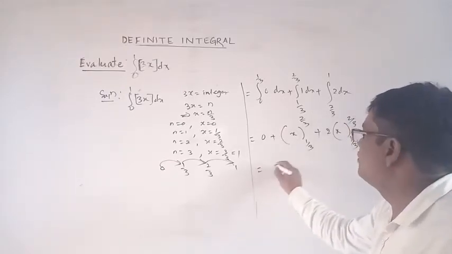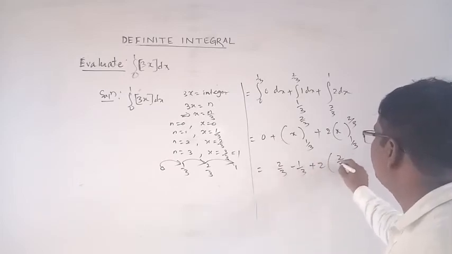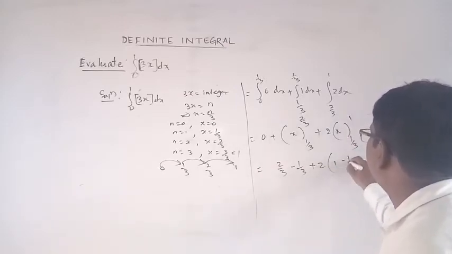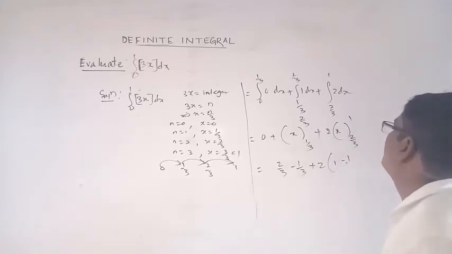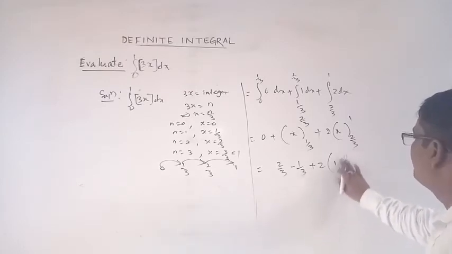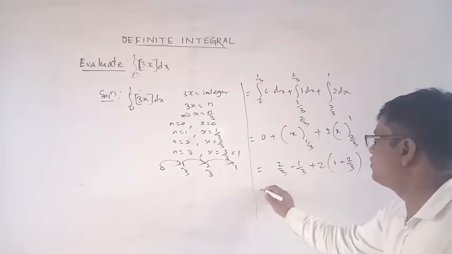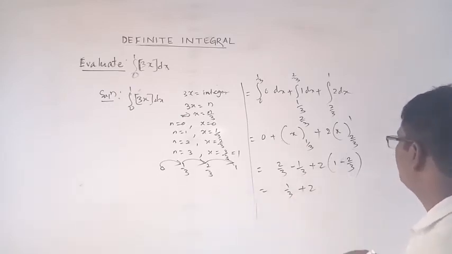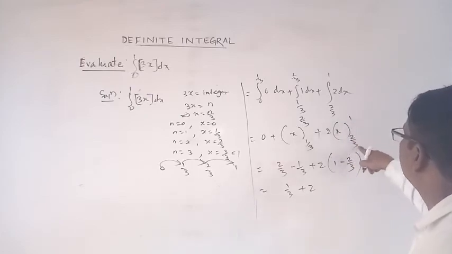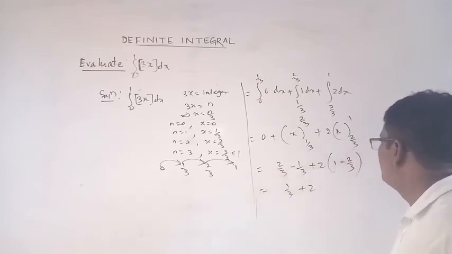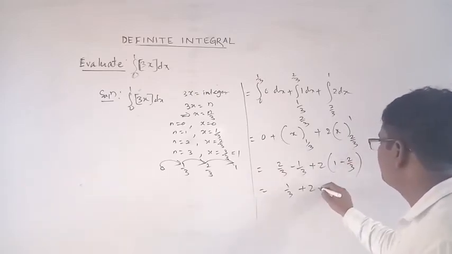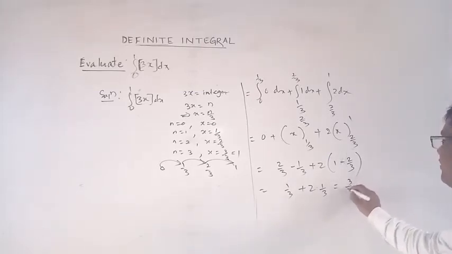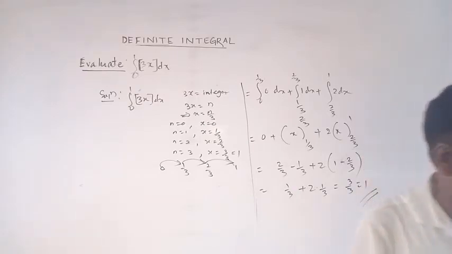So this is equal to 2/3 minus 1/3 plus 2 into 1 minus 2/3. So 1/3 plus 2 into 1/3, that is 1/3 plus 2/3, which is 3/3, equal to 1. Okay, 1 is the answer.